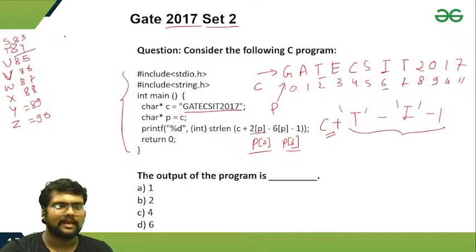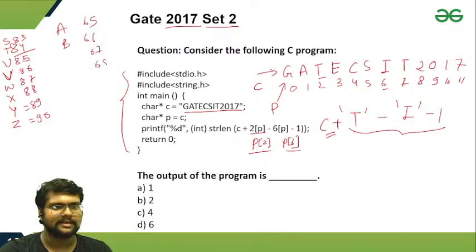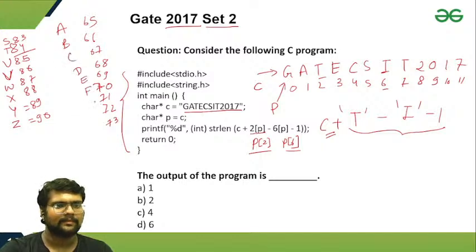For I, A is represented by 65, B 66, 67, 68, 69, 70, 71, 72, 73. So I is represented by 73 and T by 84.